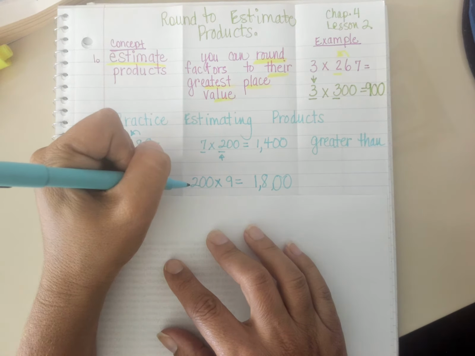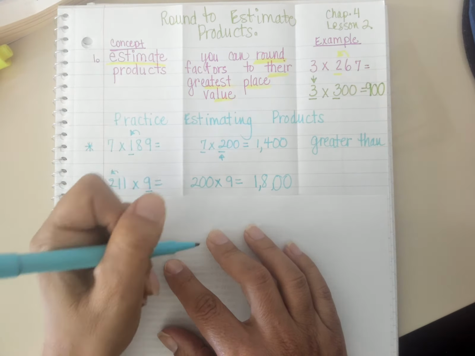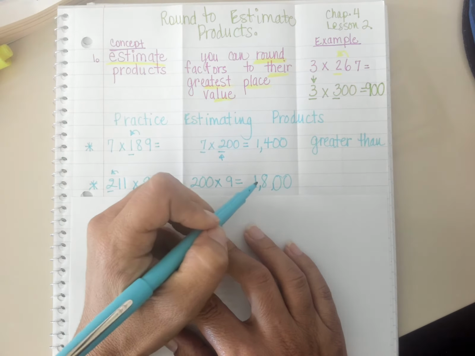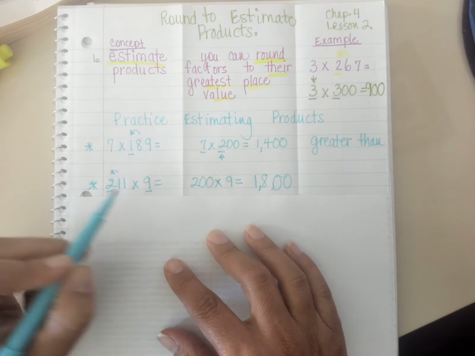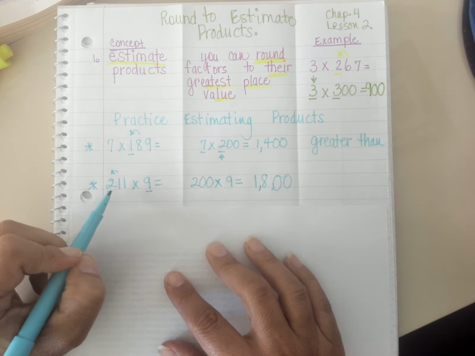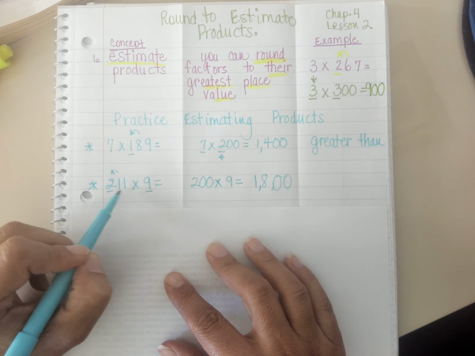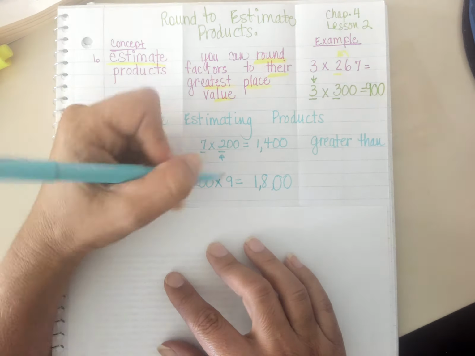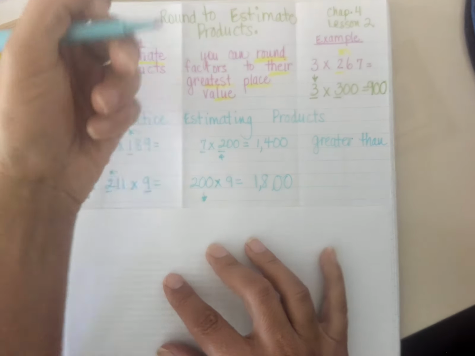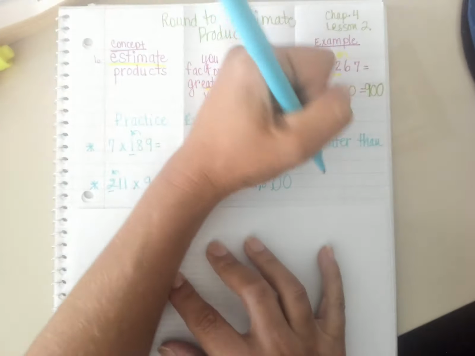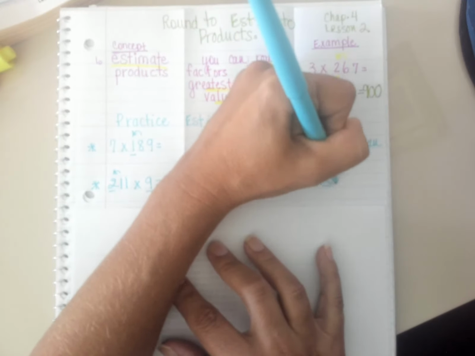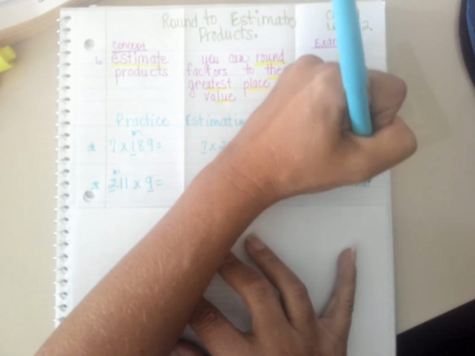Because this would be 200 added 9 times. That gives you 1,800. Now, we rounded down to 200. We didn't go up to 300. So since we rounded down, our estimate is less than the actual answer.